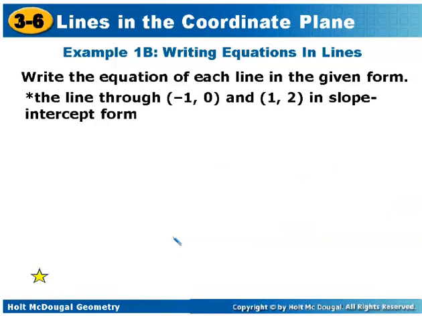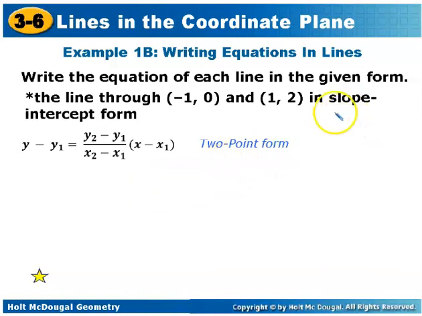All right, let's try another one. Now this time though, we want to write it in slope intercept form. So I'm going to have to do some work up front in order to do that because I'm not given the slope. If I want to find the slope here, I'm going to go ahead and start with the 2-point form.